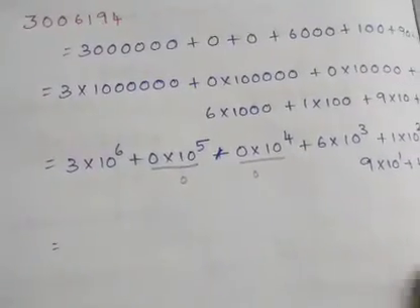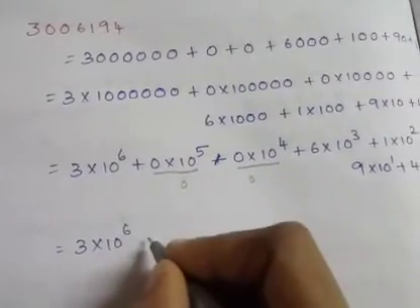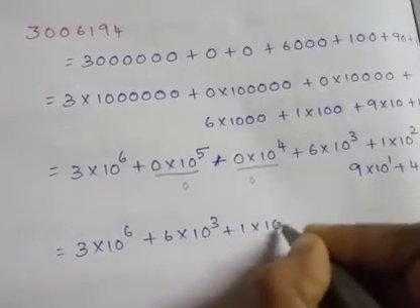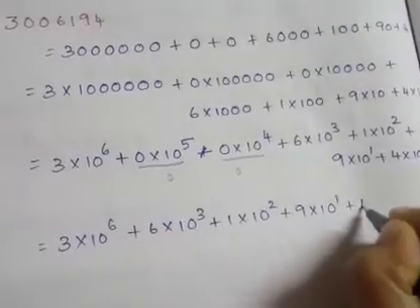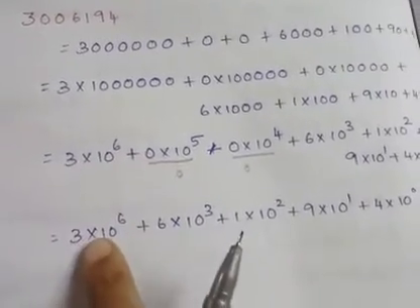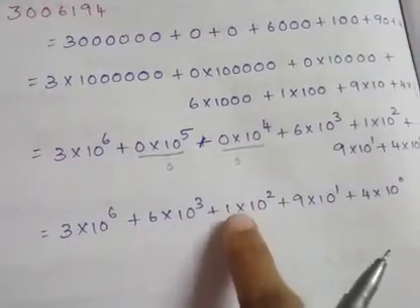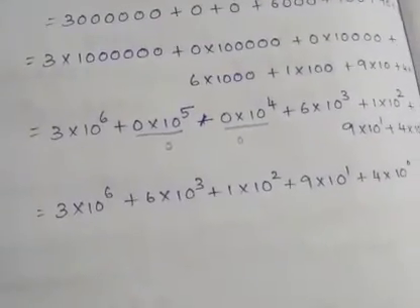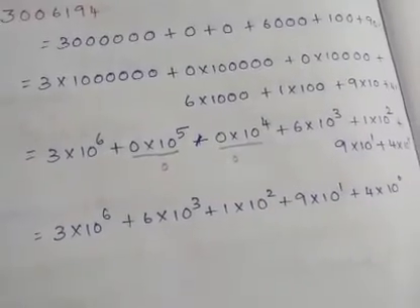The answer is 0, so you don't need to write it. 3 into 10 power 6 plus 6 into 10 power 3 plus 1 into 10 square plus 9 into 10 power 1 plus 4 into 10 power 0. So this is your expanded form for this question.